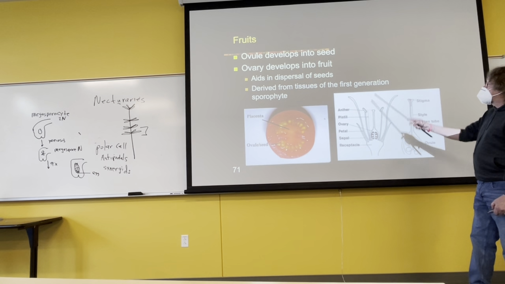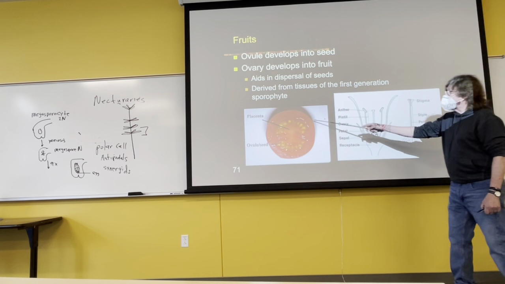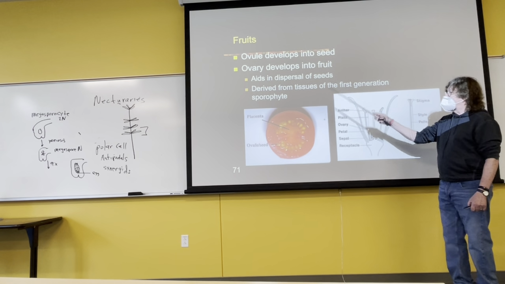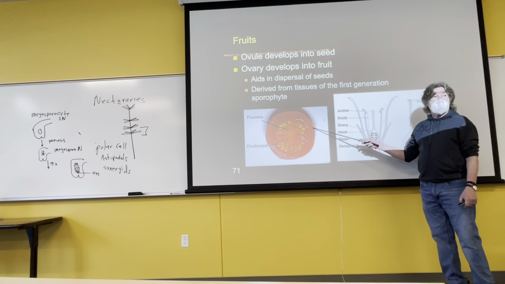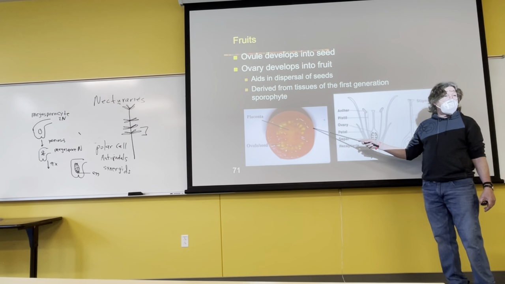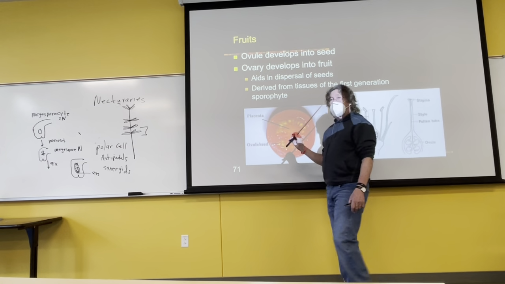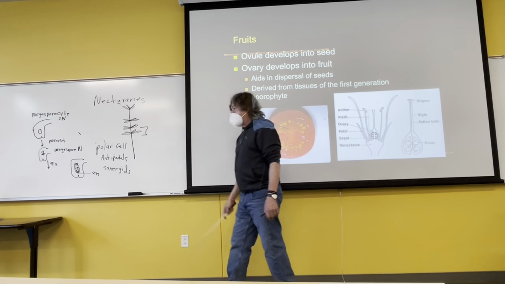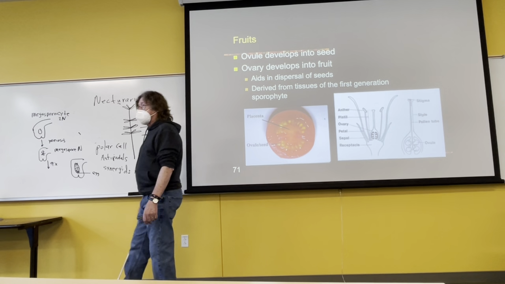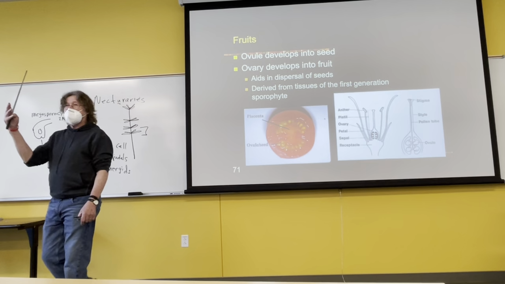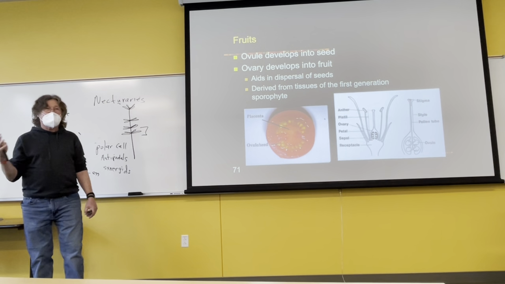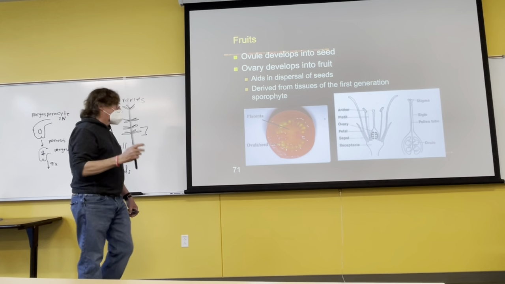Now, of course, the fruit is derived, so the ploidy of those cells, haploid or diploid? The diploid, because that is tissue that's produced by the original sporophyte. Okay, that's tissue from the original sporophyte.